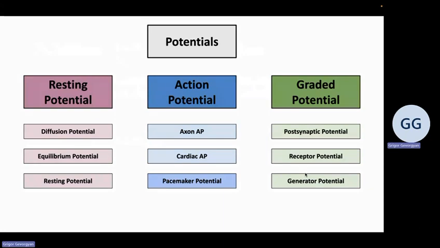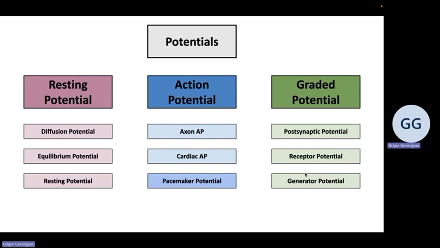Well, to talk about the potentials, we need to, first of all, define what kind of potentials we do have. We have the resting membrane potential, which is basically the membrane potential at rest. This applies to, I would say, non-excitable tissues, not muscles, not nerves, but, for example, skin cells, normal epithelial linings, connective tissue cells, virtually all your other cells in your body.